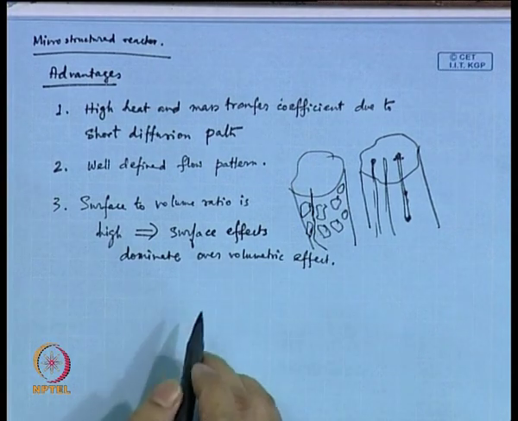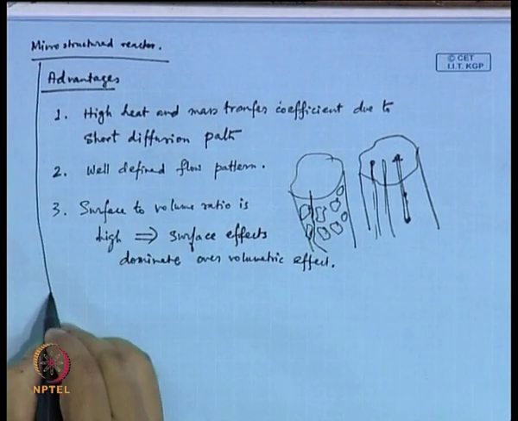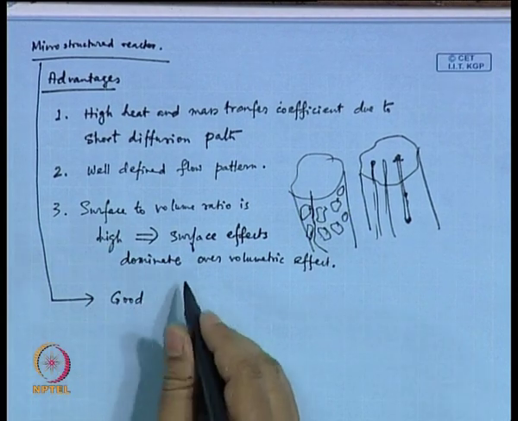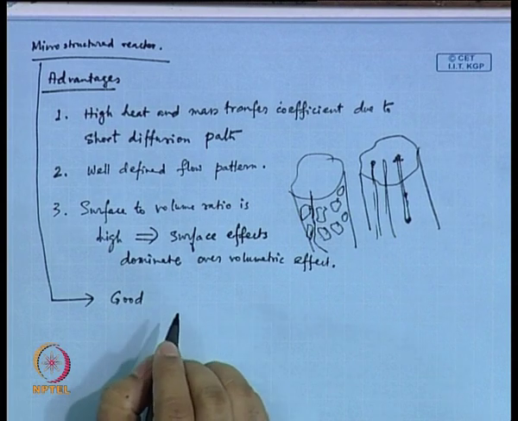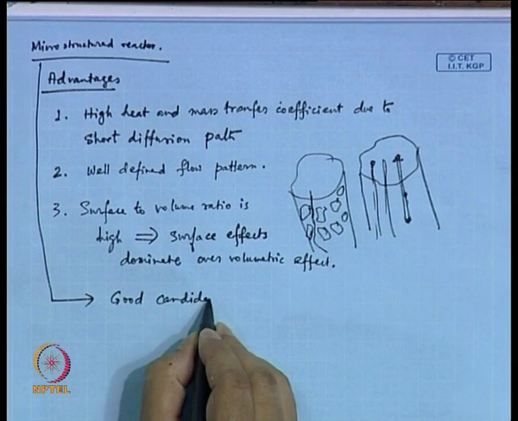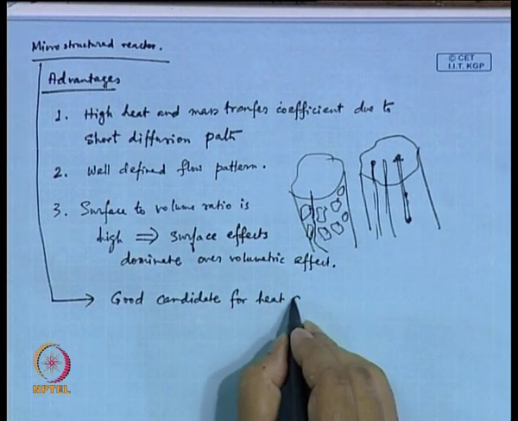So, because of these advantages, you have these microstructured reactor, these are good candidate for heat and mass transfer limitation.